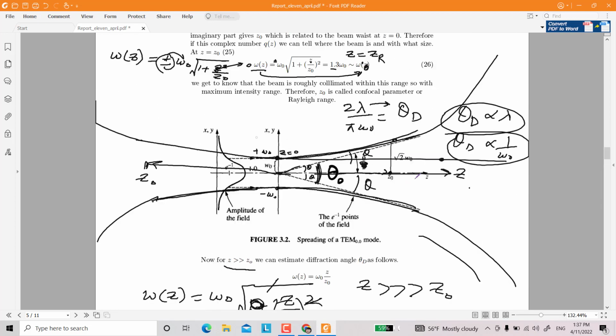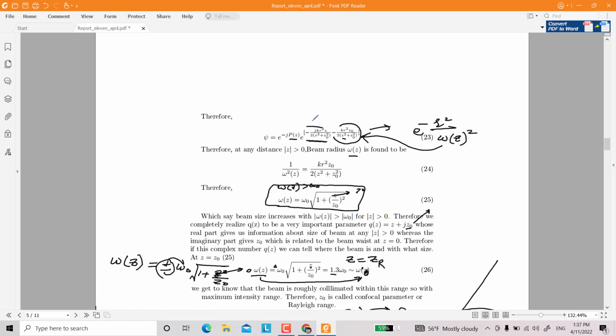We have defined Q, but there is another term appearing over here. When we were solving Q of z, we get this additional term, and as I told you, I will be discussing this later. So the time has come to discuss this.